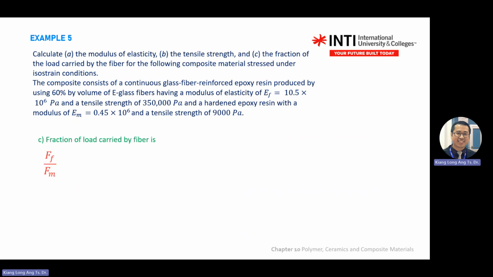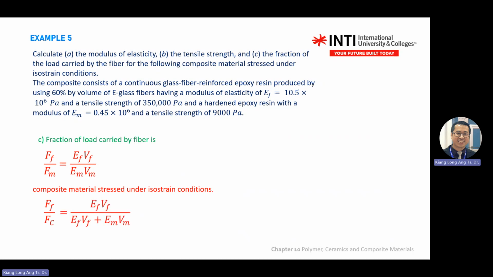Fraction of load. This one, use back the equation just now, the last equation. Then you substitute the value. So here, it asks you the fraction of load carried by the fiber for the following material, because you don't have the matrix force. Okay. It asks you for the fraction carried by the fiber.